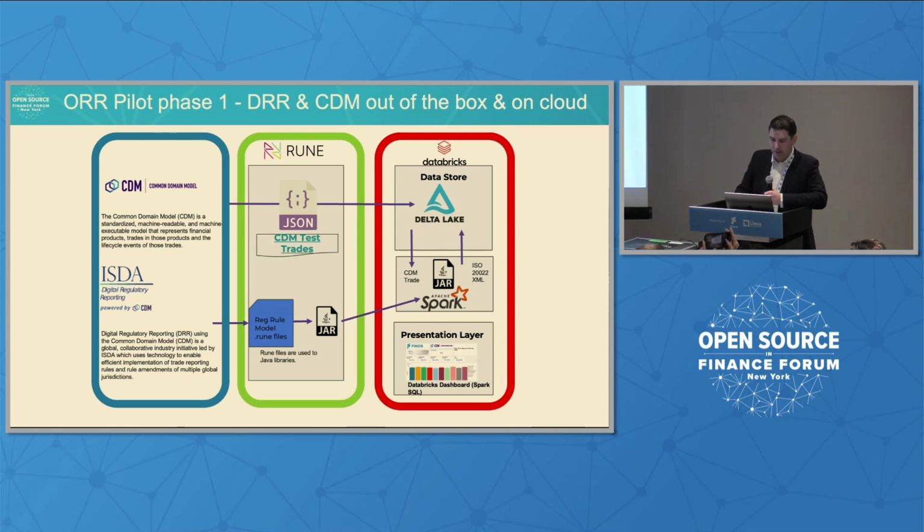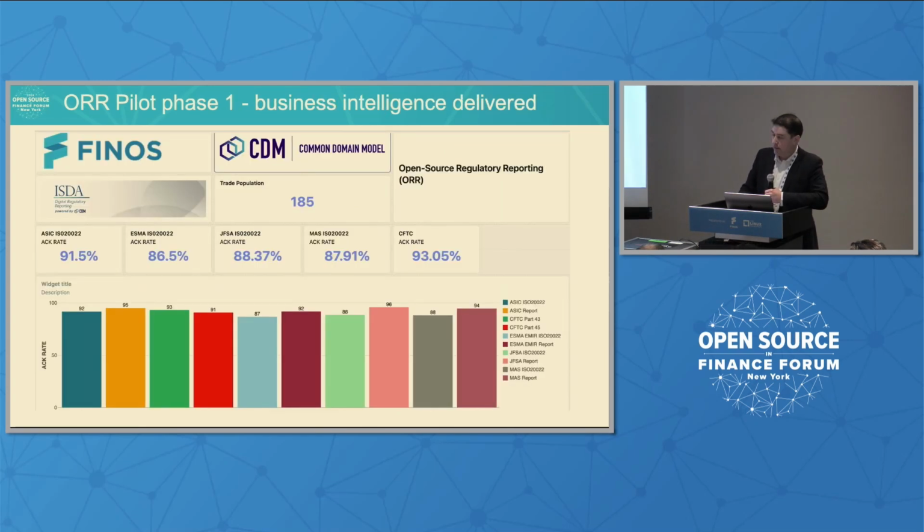So let me show you what the outcome was. This is effectively the dashboard we got, with very little work, showing the performance of our sample data for reporting. Now the percentages there show the performance of the reporting against the validation rules.